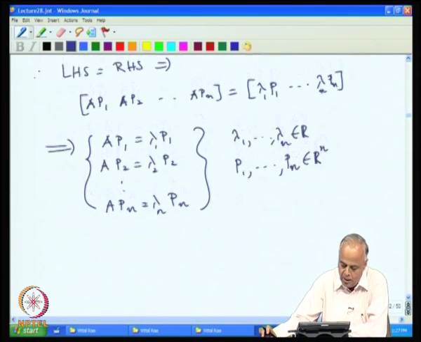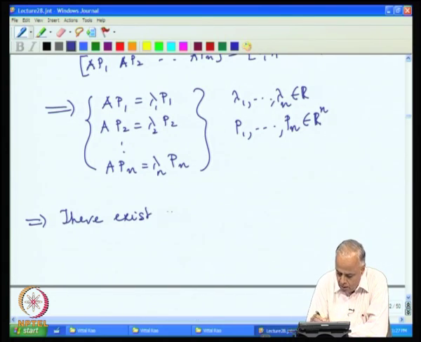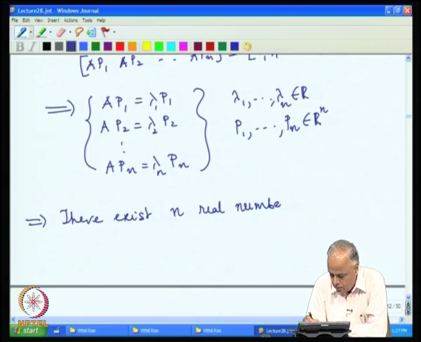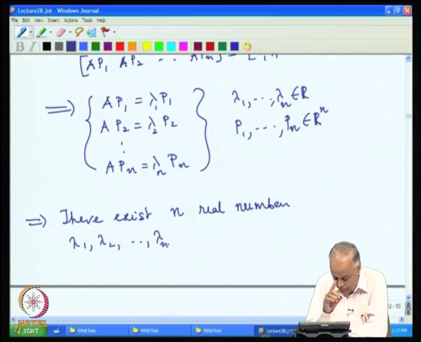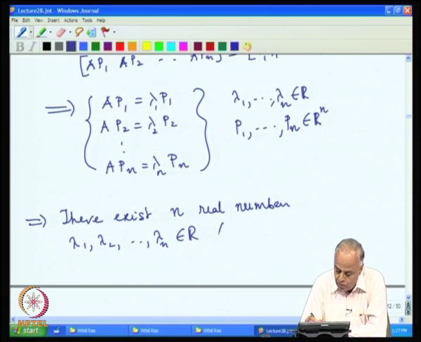Hence, this implies there exist n real numbers lambda 1, lambda 2, lambda n. Now, notice that these are only the entries in the diagonal matrix. There is no compulsion that the same entry should not repeat, so these need not be necessarily distinct.